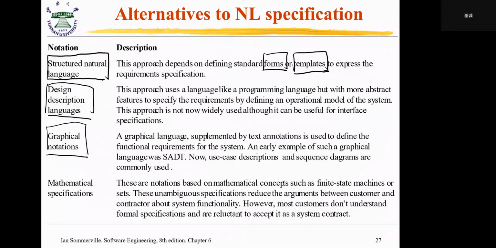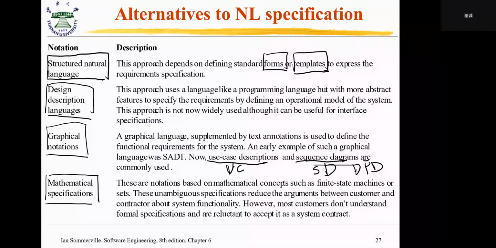Now we still use this kind of graphical notation. Now we use use case description. This is called a UC diagram, sequence diagram, SD, and also DFD, and others.